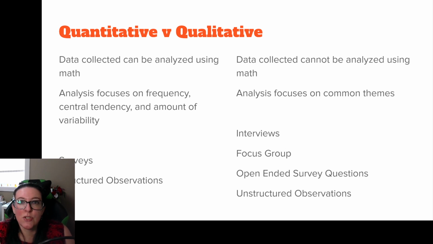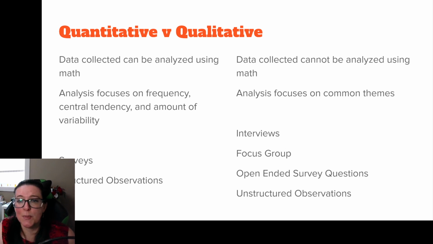Unstructured observations, you'll recall from the previous video, is where you are simply writing what you're observing. Because it allows for that level of detail, as you're explaining everything that's happening, again, we're looking for themes, but we're not quantifying it, because at one point in time an observer might note something and another time not.